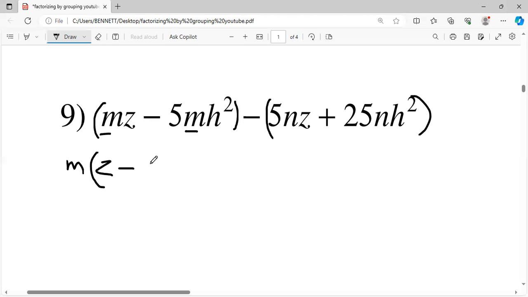This would leave 5h squared. Only the m is gonna cancel. Back our negative, and here we have 5 and 25. So 5 is common. Let's check if any letter is also common. n is common to both, so take out our n.